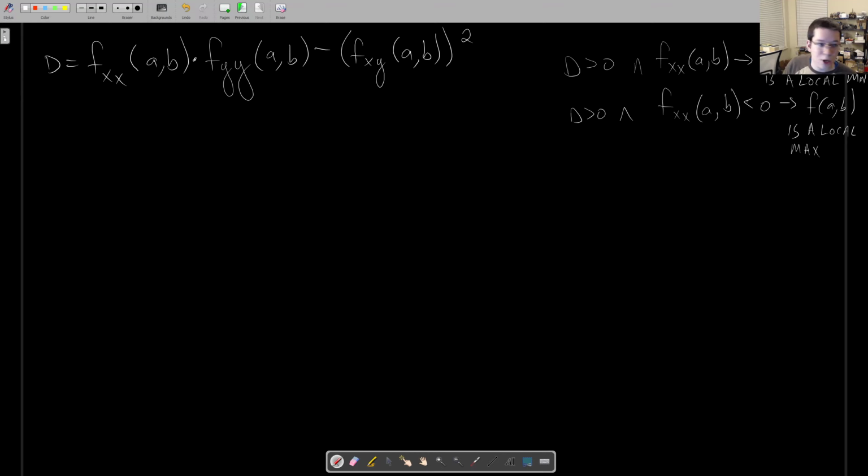So this is not a problem to be worked. This is the criteria for determining things. A reminder for my rusty brain. If D is less than 0, then f of a, b is neither. Aha.